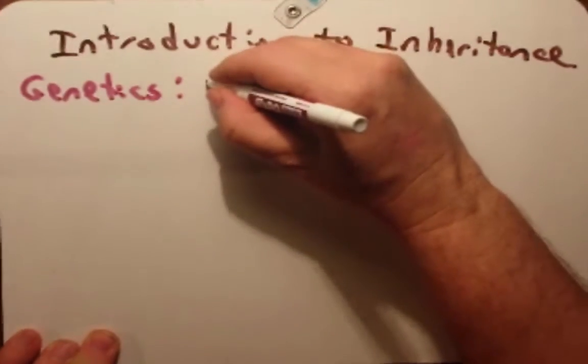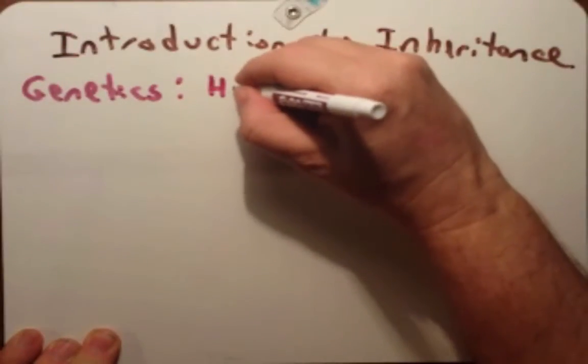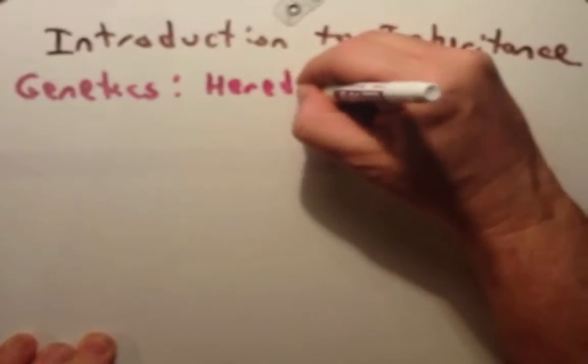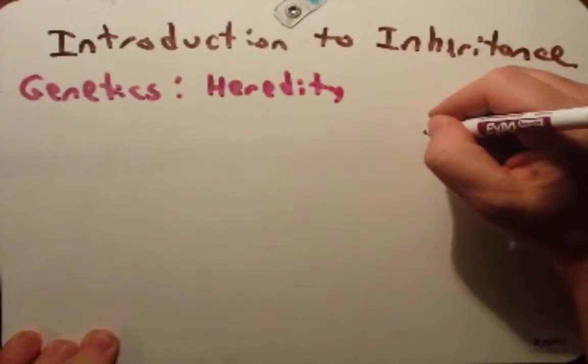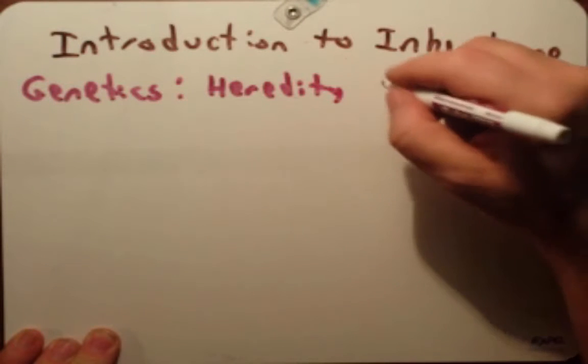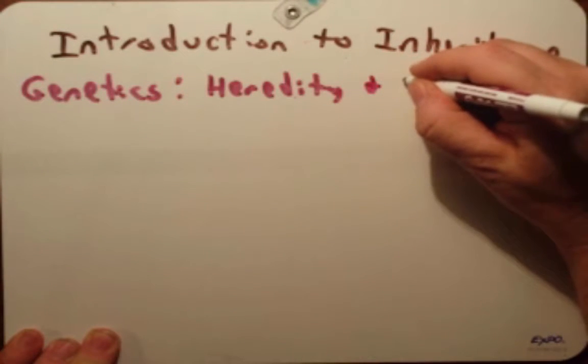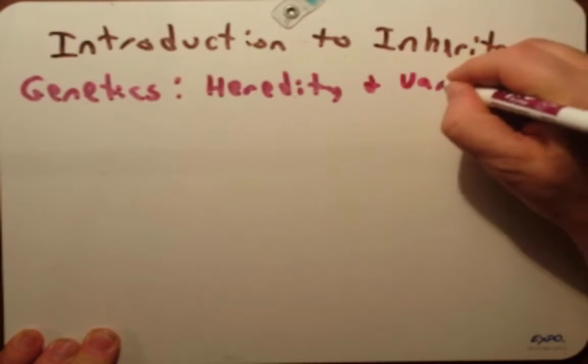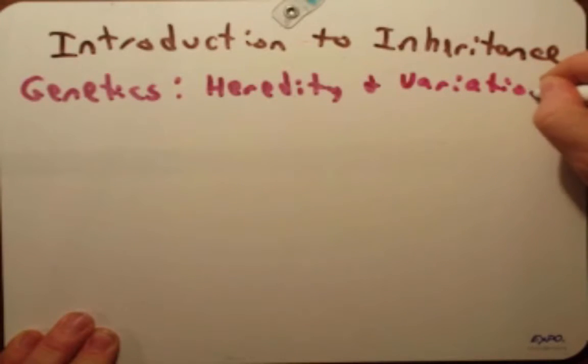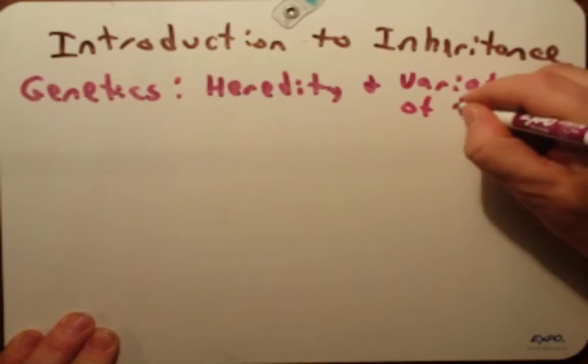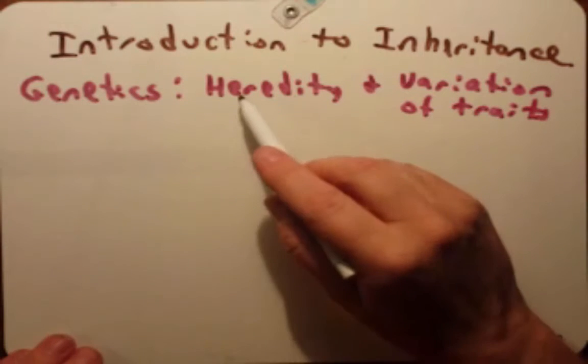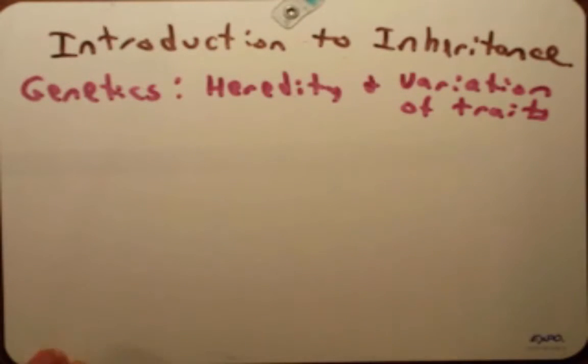And we said that genetics is the study of heredity and study of the variation of traits. We've talked a little bit about heredity, but up to this point we've talked mainly about the variation of traits.